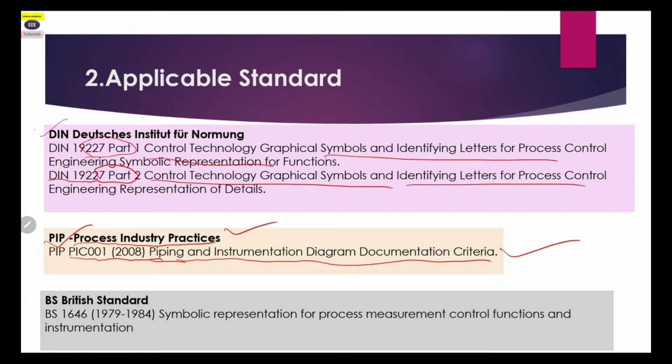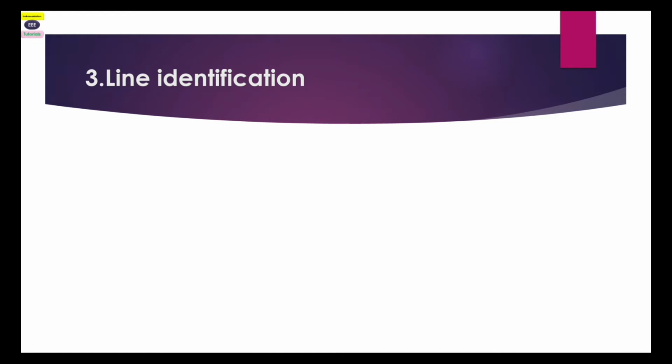It is also used for defining the P&ID symbol. British standard is also used for P&ID 141646, symbolic representation for process measurement, control function and instrumentation. So these 5 standards generally are used for defining the process, piping and instrumentation diagram.